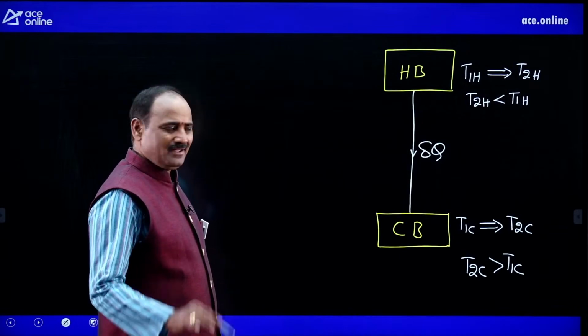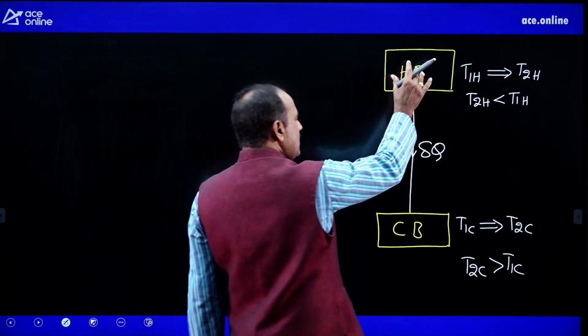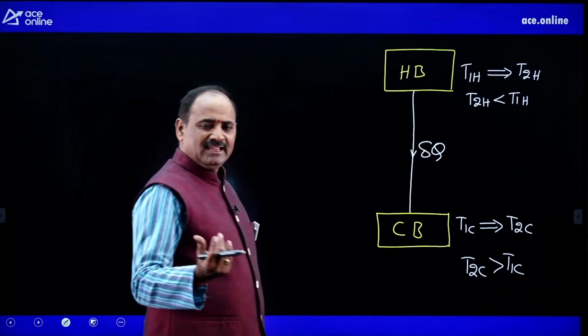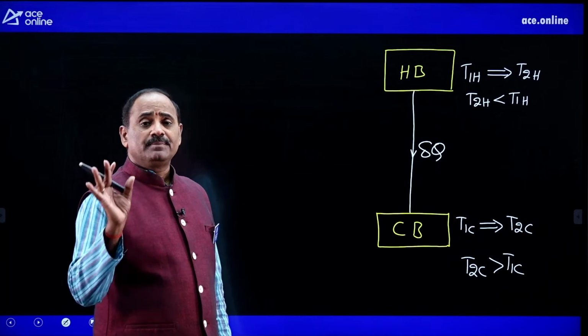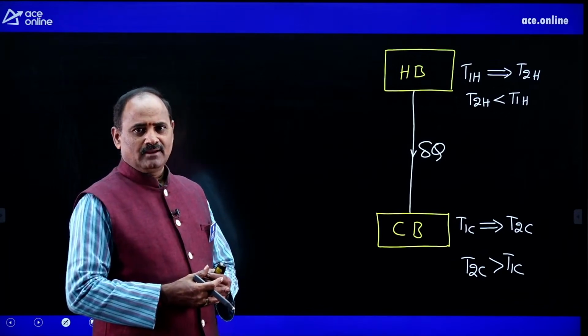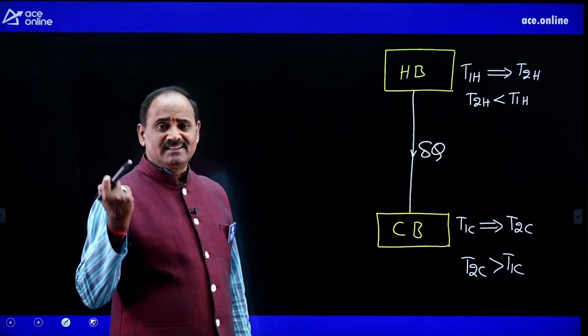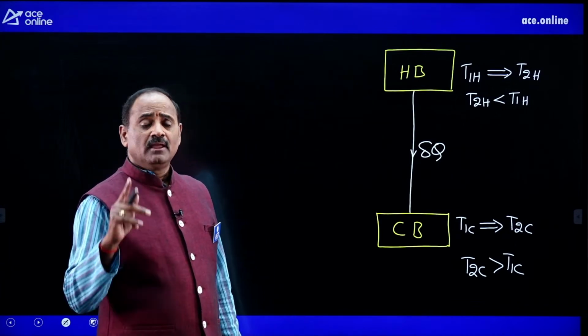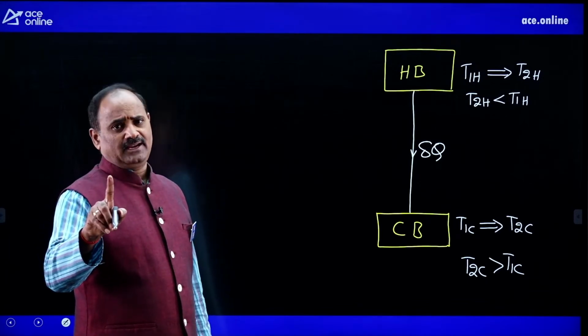Okay? Next. Dear friends, remember, if the hot body and cold body are either solid or liquid, you need not think about the specific heat, or about whether the body is working at constant pressure or constant volume, because solids and liquids have only one specific heat.